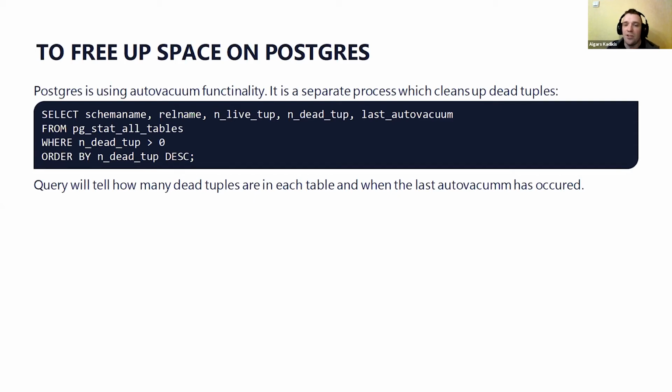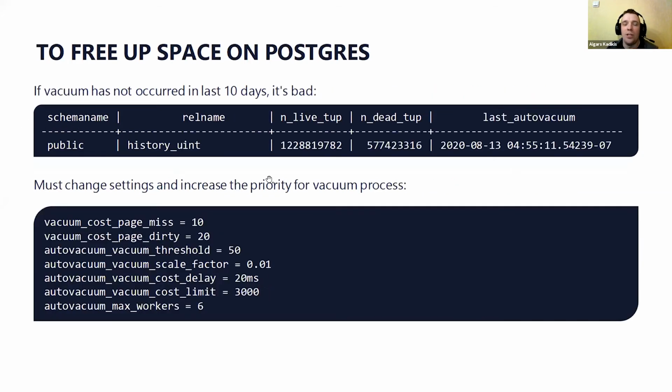But if the instance is very overloaded, to not overload it even more, it will stop doing this task. To ensure the vacuuming is happening on Postgres, we have to run this query, and it will output all the tables or hypertables which have some sort of dead tuples.